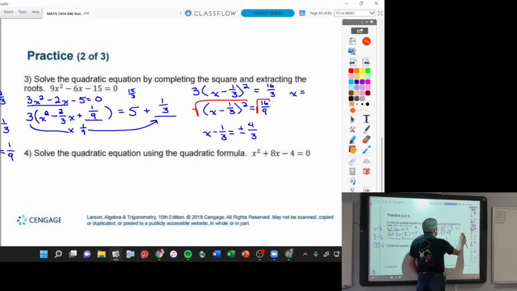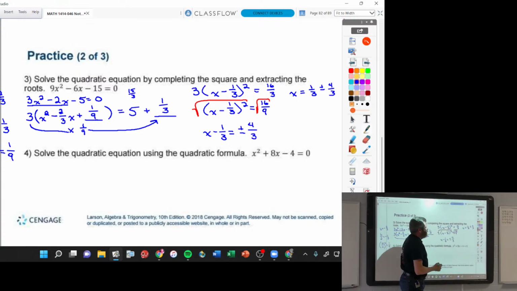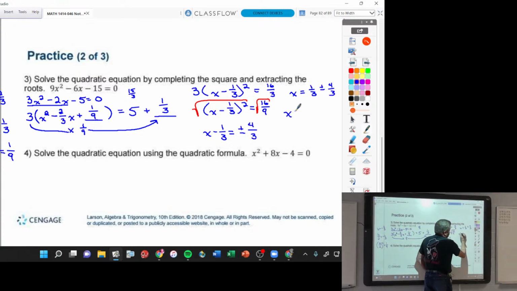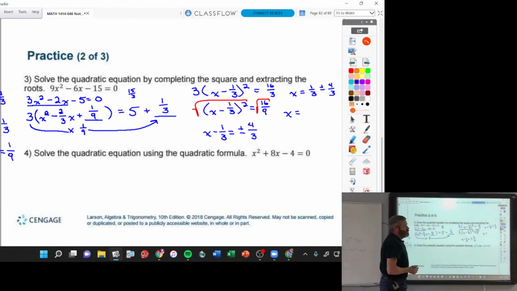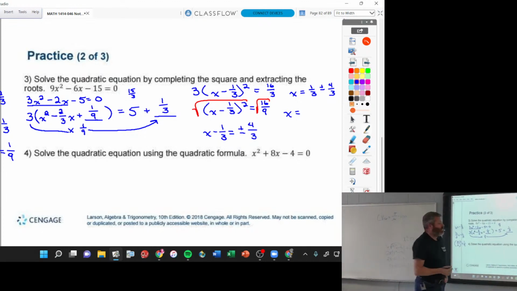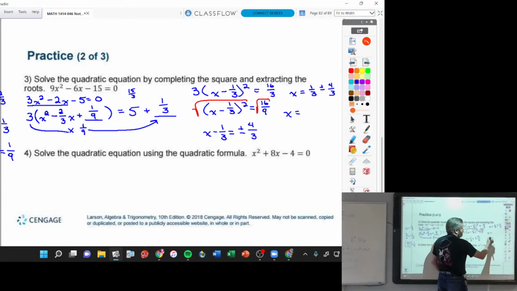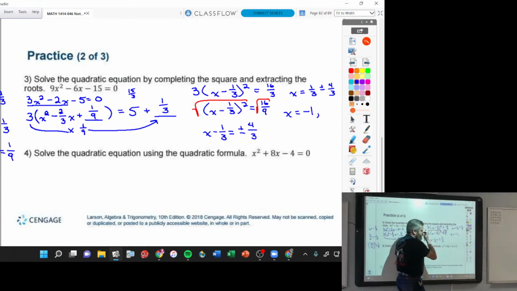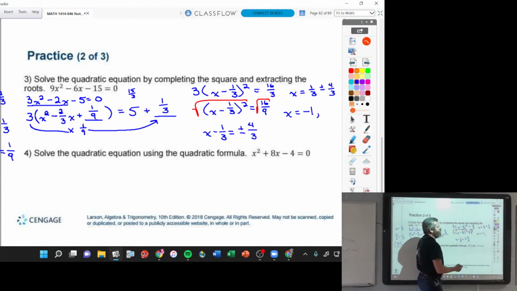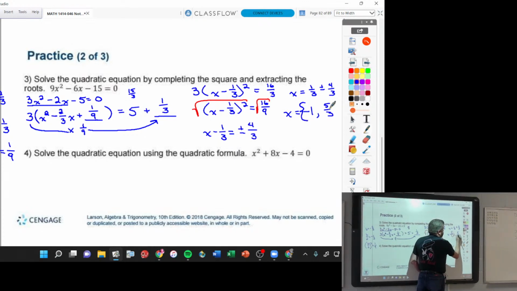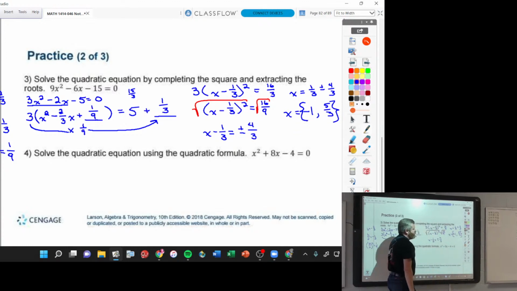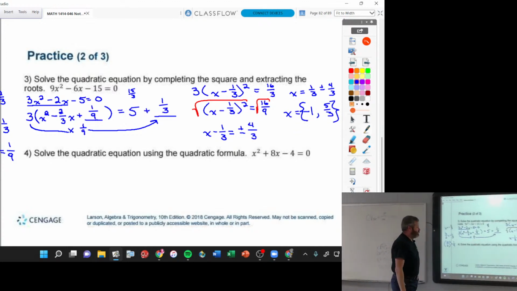So x equals 1/3 plus or minus 4/3. So x equals 1/3 minus 4/3, which would be negative 3/3 or negative 1. 1/3 plus 4/3 is 5/3. And so x is equal to that set of numbers, negative 1 and 5/3.